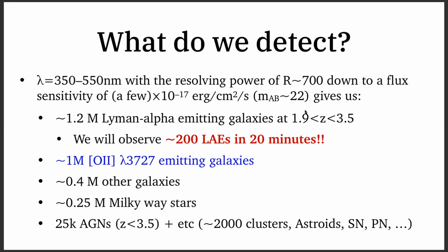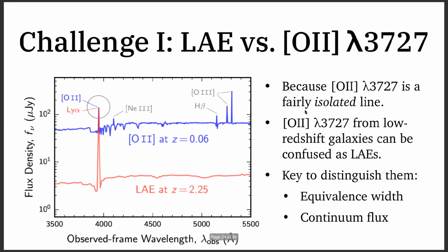Because of this blind survey strategy, we have a couple of challenges that we have to solve. Let me explain that. The first challenge comes with low redshift oxygen II 3727 emitting galaxies. This line, as you all know, is a doublet, but our spectral resolution is poorer than the separation, so we cannot resolve the doublet. That is the beginning of the problem. As I showed you, a Lyman alpha galaxy at redshift 2.25 spectrum: nothing, nothing, nothing, we have one line.